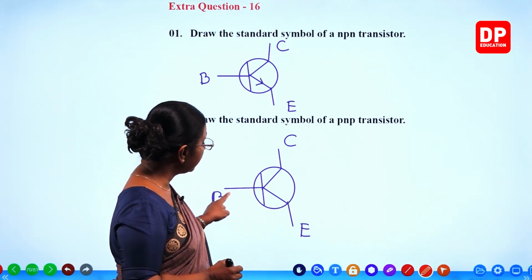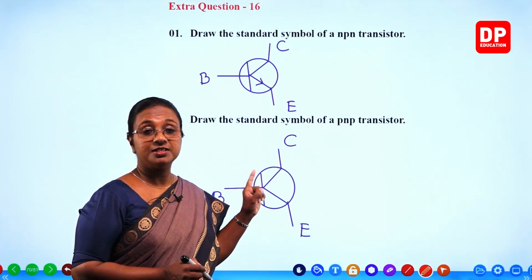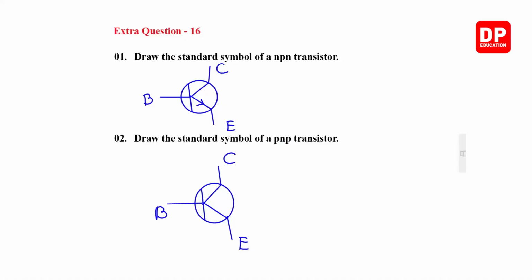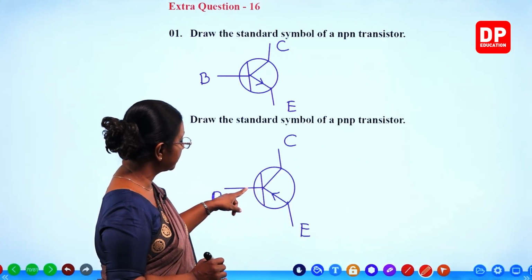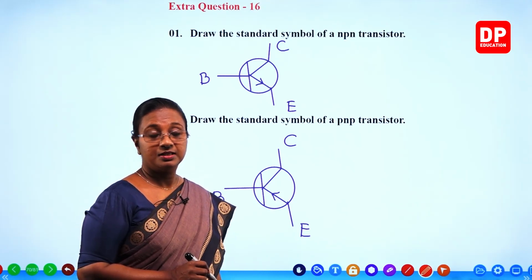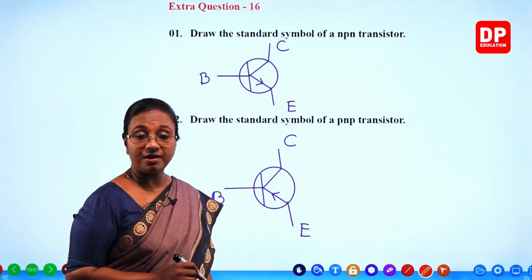Here it is PNP. The P region means positive region, and the majority charge carriers are holes. So when holes flow from emitter and base to collector, the conventional current also flows from emitter and base to collector. So the direction of the current flow is from emitter to base. Is that clear, students? This is how we draw the standard symbol of a PNP transistor.